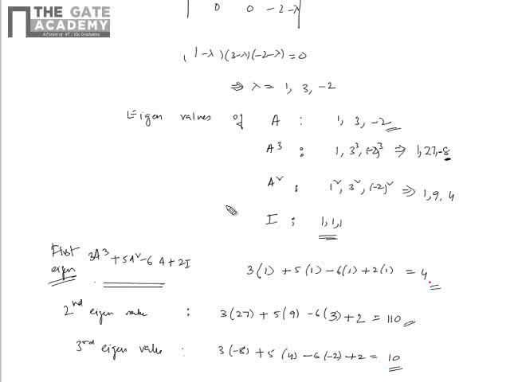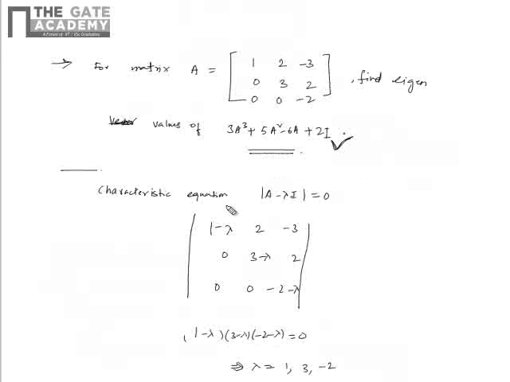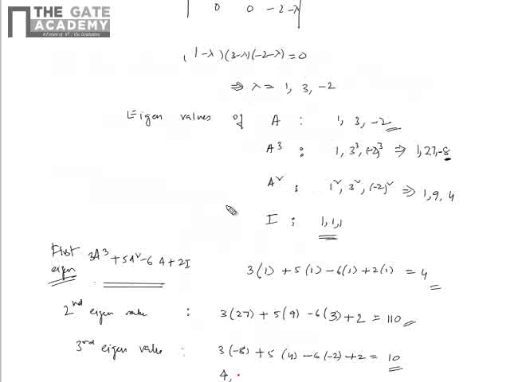So now you can clearly see that if you want to evaluate the eigenvalues of this expression individually, it takes a lot of effort. You have to compute A cube, A square, then A, sum all that, and then write down the characteristic equation of this entire thing. By knowing just the properties, you can individually evaluate the eigenvalues of A cube, A square, and then add them as per the given equation. So the eigenvalues come out to be 4, 110 and 10.